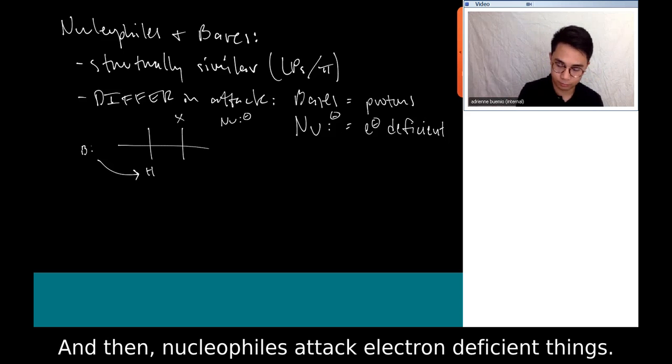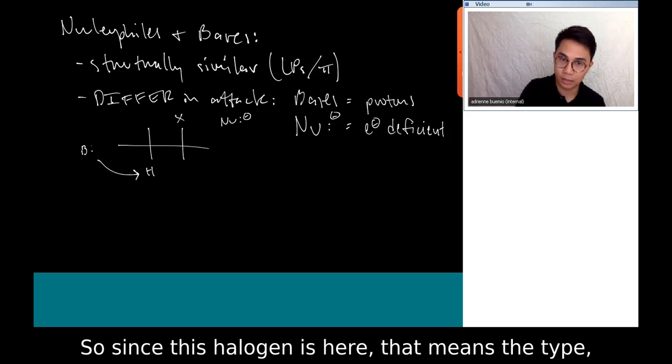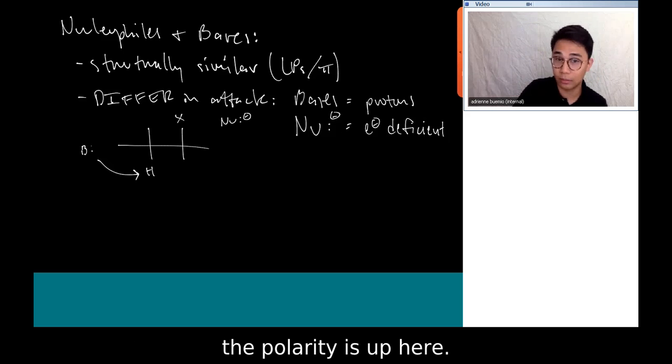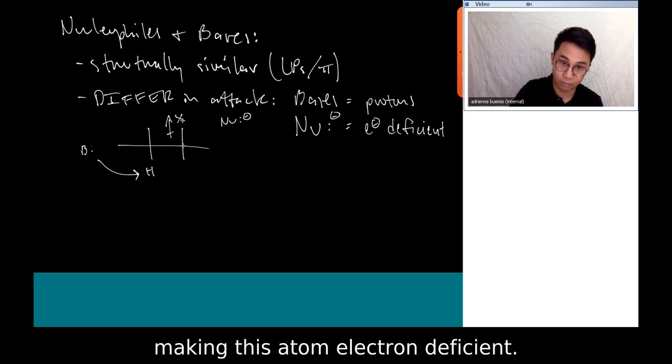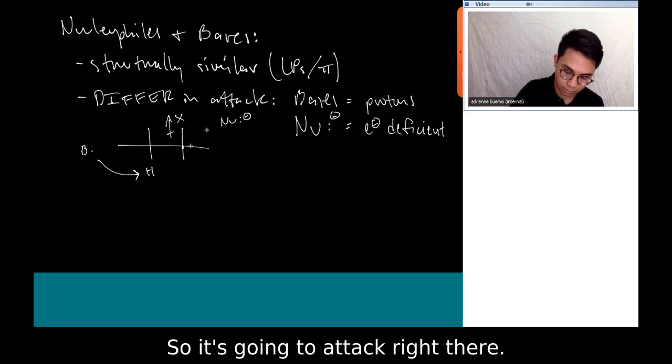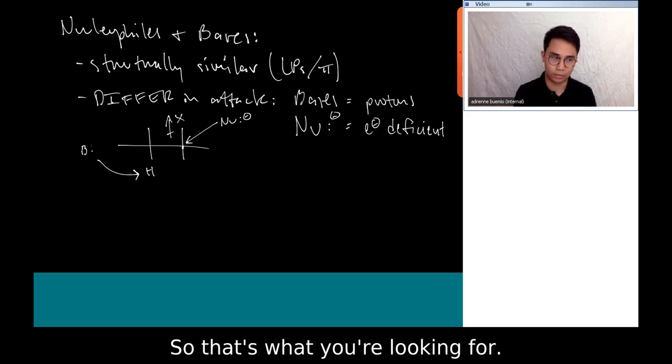And nucleophiles attack electron deficient things. Since this halogen is here, that means the polarity is up here, making this electron rich, making this atom electron deficient, so it's going to attack right there. So that's what you're looking for.